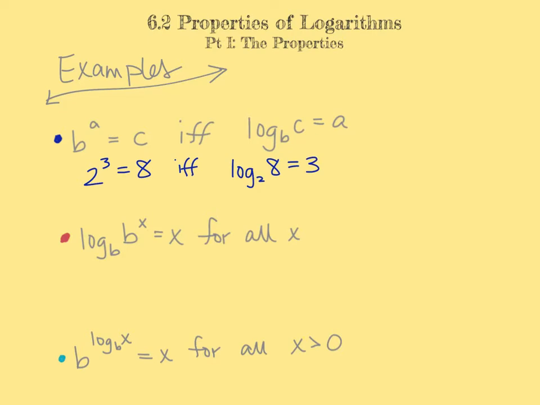So again, simply going from exponential form into logarithmic form and back the other way. This if and only if, IFF, is a logical and mathematical sort of statement in theorems showing that we can go both ways. So we could also have written the statement with log base b of c equals a first, if and only if b to the a equals c.